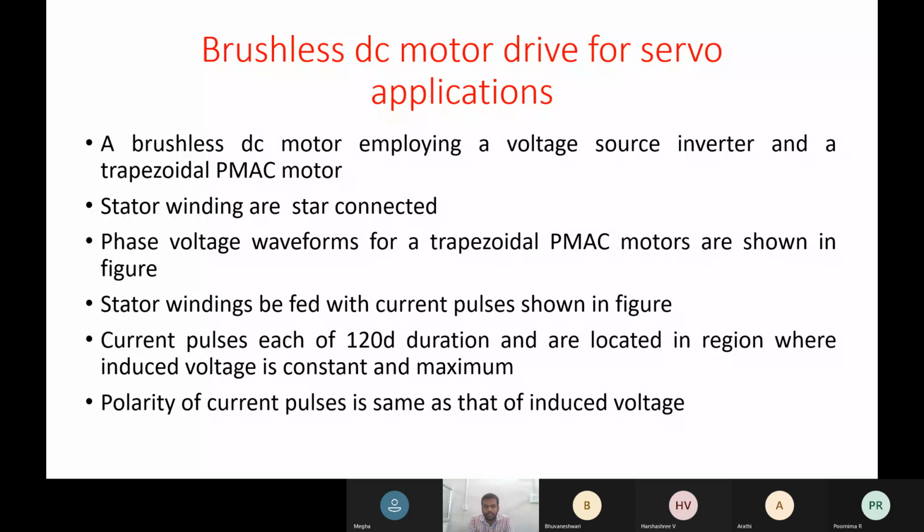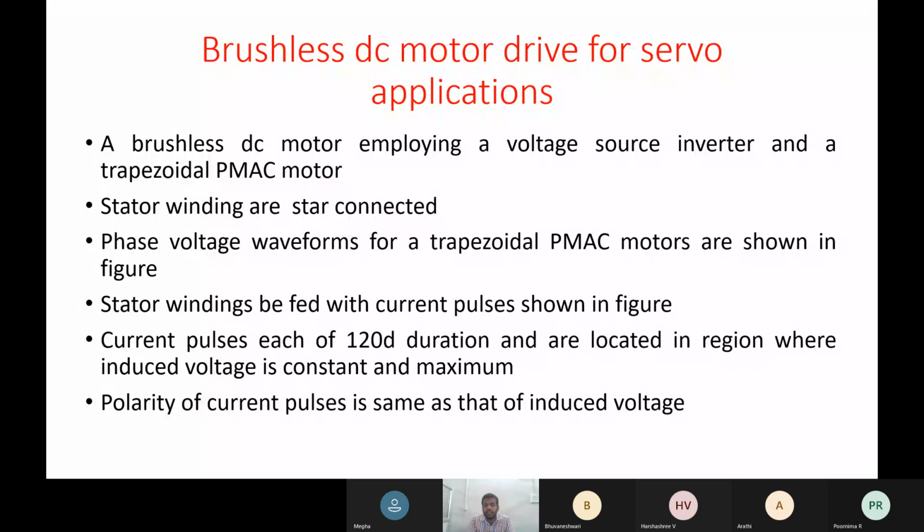So the stator windings are fed with current pulses. Each current pulse is of 120-degree duration, with a 120-degree displacement, and these are located in the region where the induced voltage is constant and maximum. So we are using a system which has constant and maximum induced voltages.